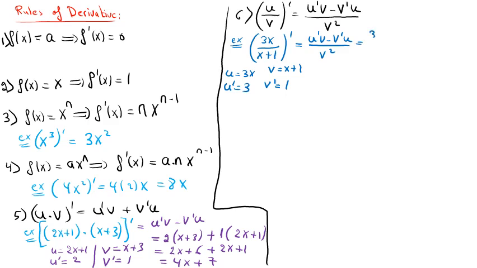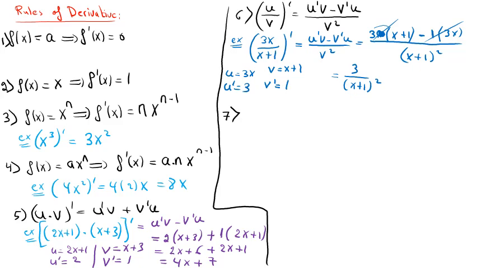U prime times v is 3 times x plus 1, minus v prime times u over v square, which is x plus 1 square. If we expand here, 3x will be cancelled by 3x, so the answer will be 3 over x plus 1 square.